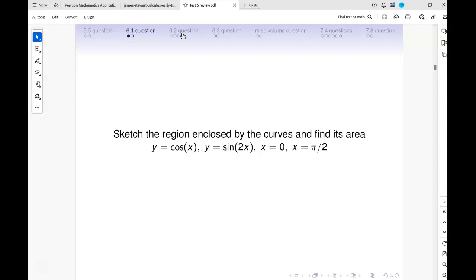Unless you really remembered your trig identities. If you wanted to do this algebraically, your hint is that sine 2x is equal to 2 sine x cos x.